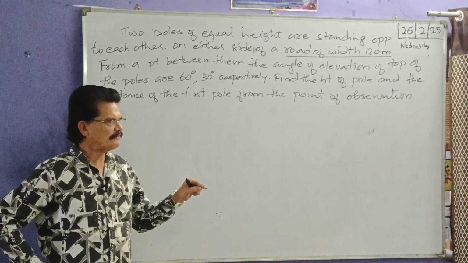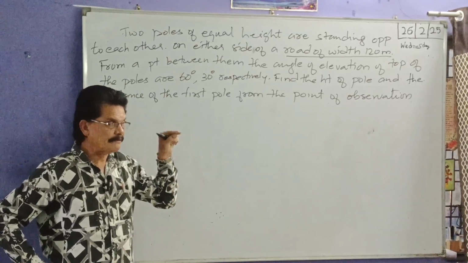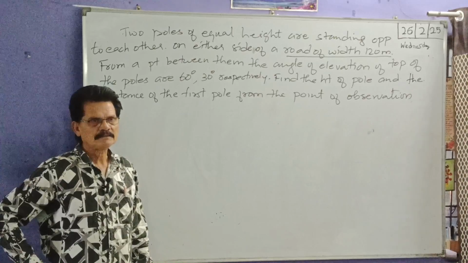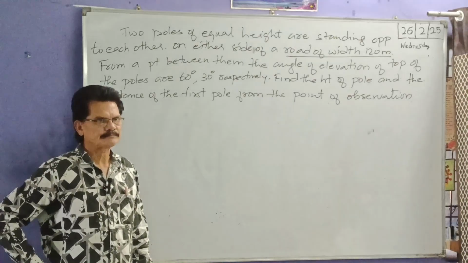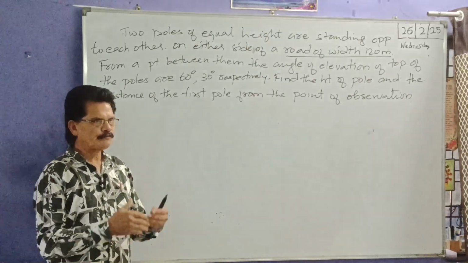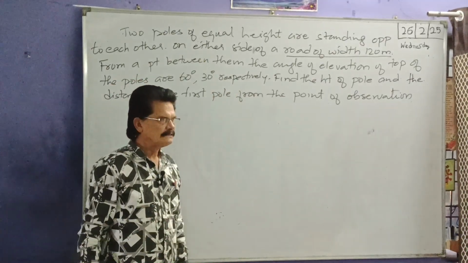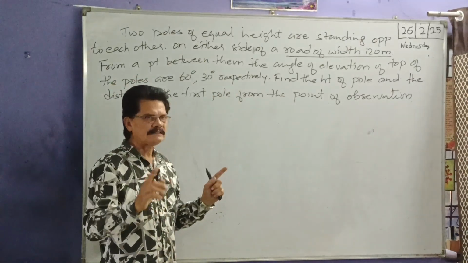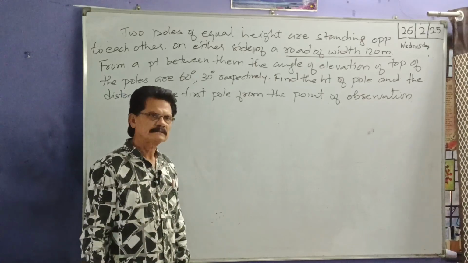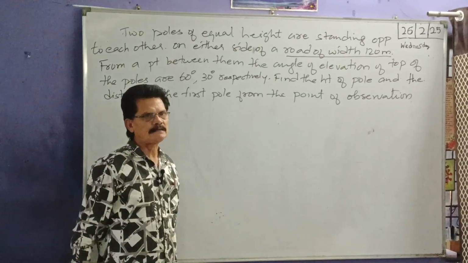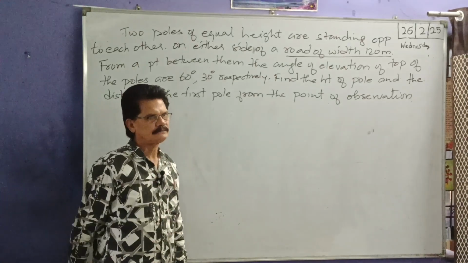So the point of observation is not exactly in the middle. It's not the midpoint. If it would have been the midpoint, angles would be the same, because the poles are having the same height. So the angles also will be the same if it is exactly in the midpoint. Okay?